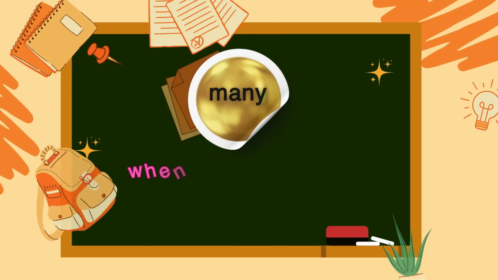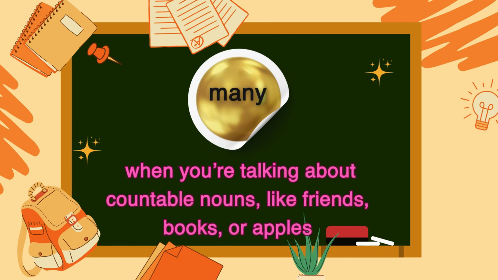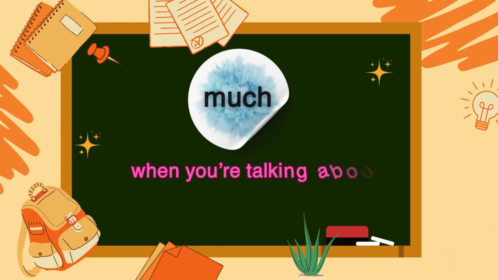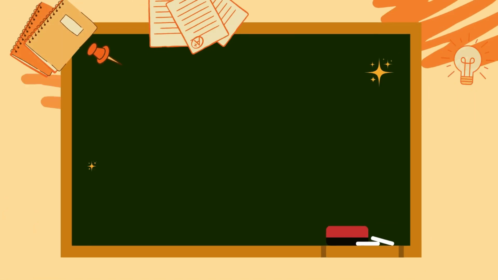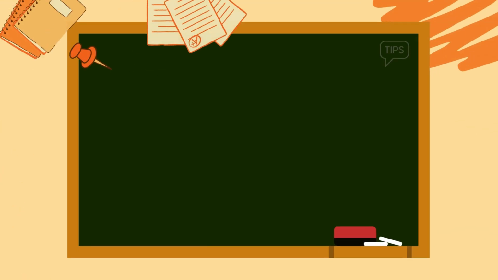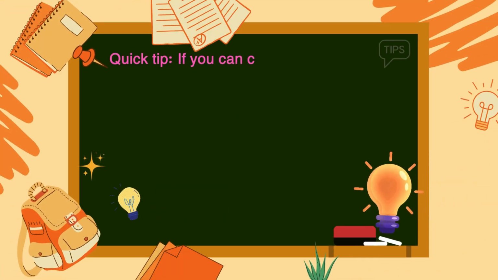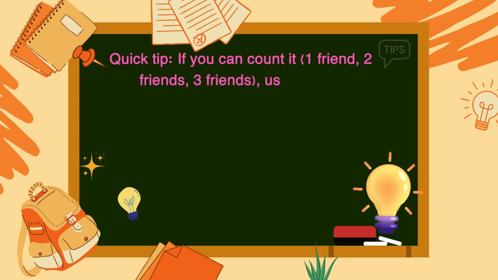Use many when you're talking about countable nouns, like friends, books, or apples. Use much when you're talking about uncountable nouns, like water, money, or time. So, the correct sentence is, "I have many friends." Much better, right? Quick tip. If you can count it, 1 friend, 2 friends, 3 friends, use many.